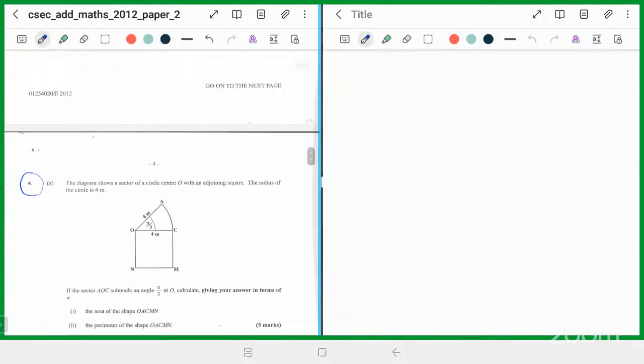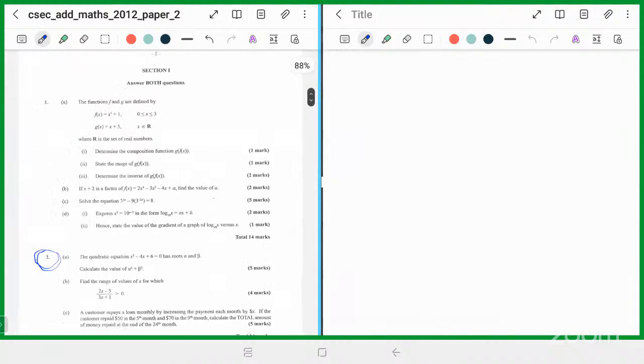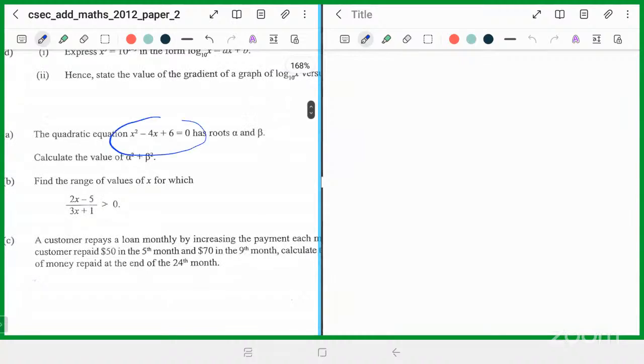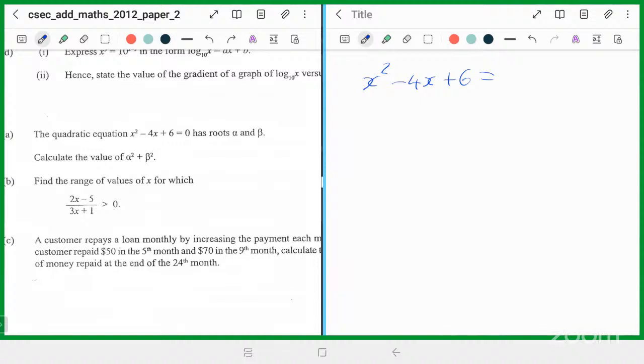All right. So number 2 gives us this simple equation with roots alpha and beta, and all I want to do is calculate alpha squared plus beta squared. Easy, easy, easy. So it's x squared minus 4x plus 6 equals 0.